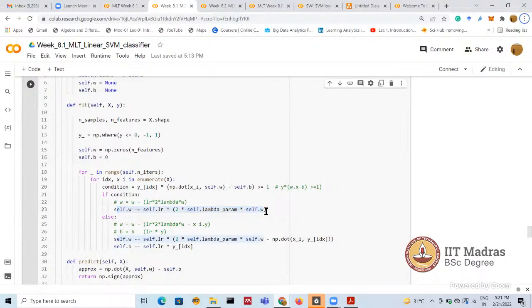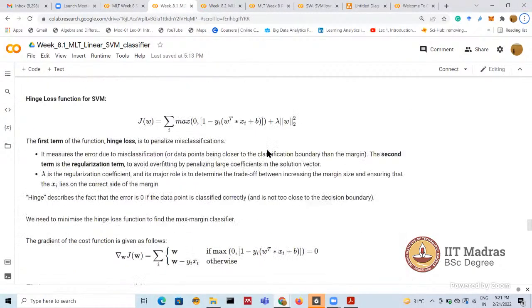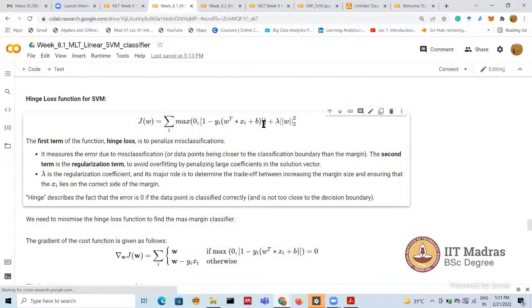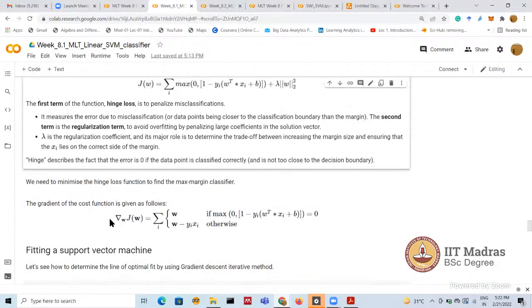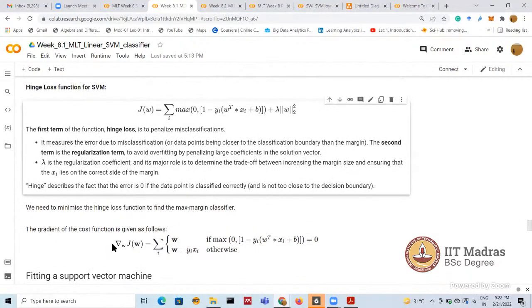Okay. See, this is very simple. You just have to differentiate. Sometimes you take this part as 0, and other times you take this expression, depending upon whether your condition is violated or not. Then you differentiate with respect to w and with respect to b. We are not differentiating in our code. What we are doing is using the expression of the derivative, which is this, and depending upon that, we are updating w and b.